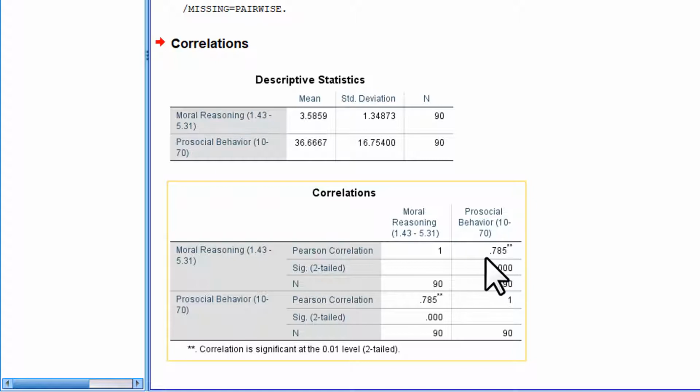For our example here, we have a positive correlation, and it's within the range for moderate strength of correlation, so 0.785. So that means we can proceed with MANOVA, or at least we've met the assumption of linear correlation.